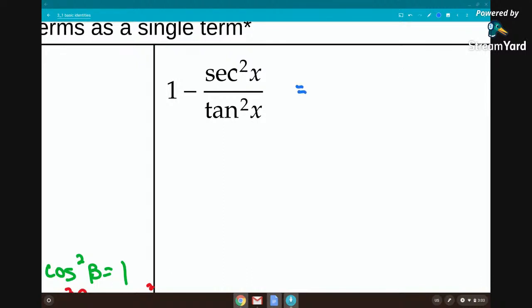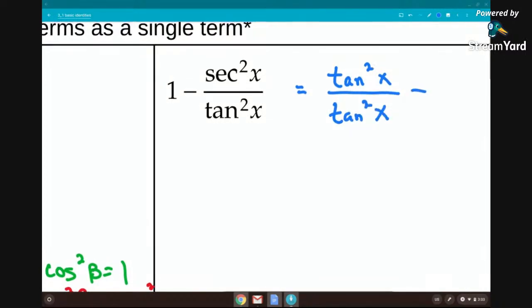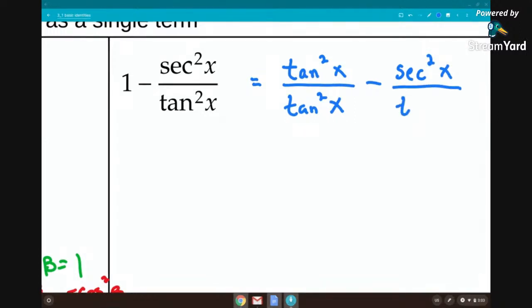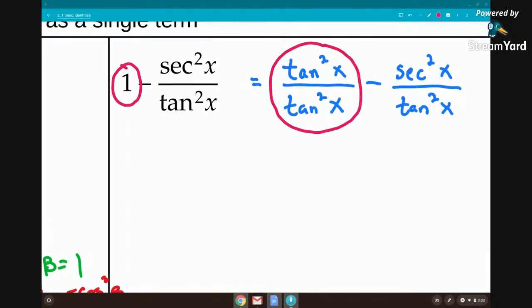I'm just going to call this tangent squared x over tangent squared x minus secant squared x over tangent squared x. What allowed me to do that? Right here, this is 1, which I rewrote as tan squared x over itself, because that is definitely an identity from numbers, right? Anything divided by itself, as long as it's not 0, is 1.